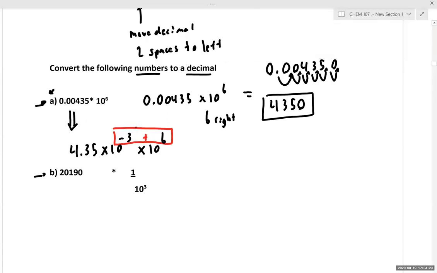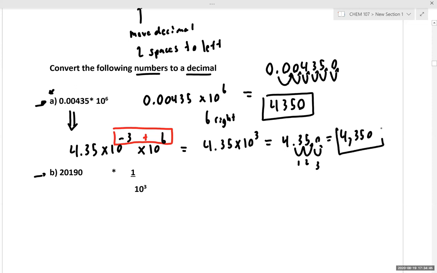That in turn gives us 4.35 times 10 to the third. Then I can process that as normal. I move my decimal point 1, 2, 3 spaces, and that gives me 4,350. The reason why I'm showing you this addition method is that this thought process will come up a lot when we start dealing with unit conversions. Both methods are fine. I'm just showing you a mix of methods so you can pick which one you prefer.